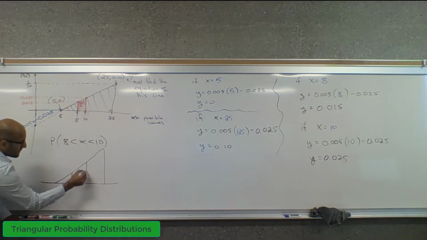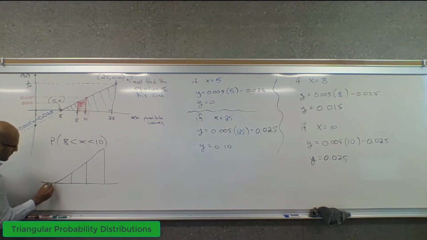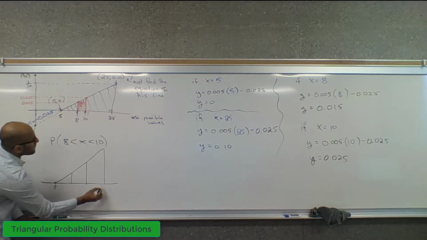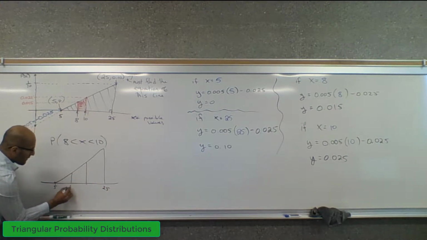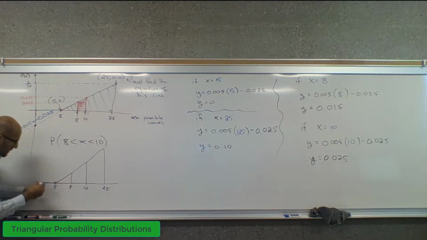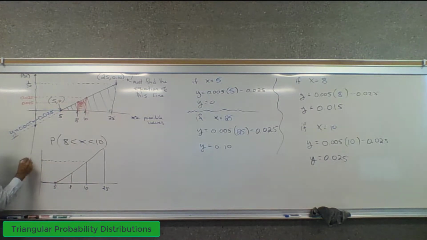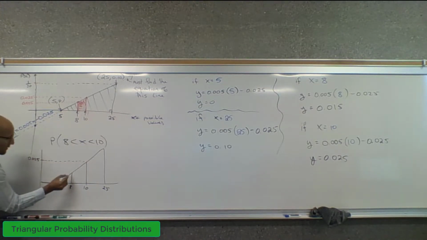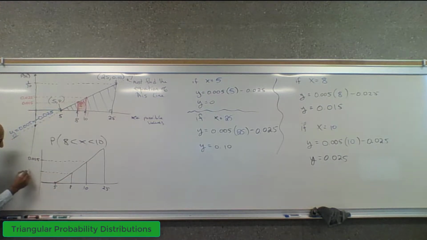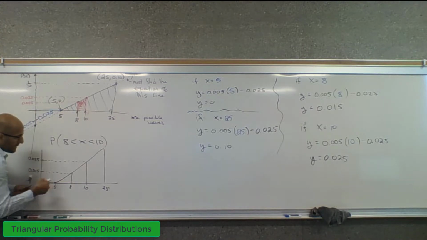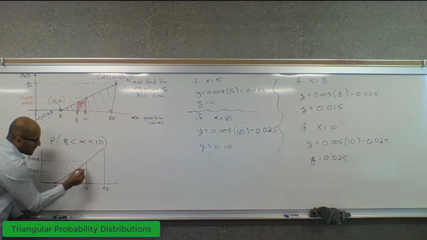Here we have 5, here we have 25, here we have 8 and 10, and this one over here was 0.025, and this one here is 0.015. I want to find the area of this region right in there.